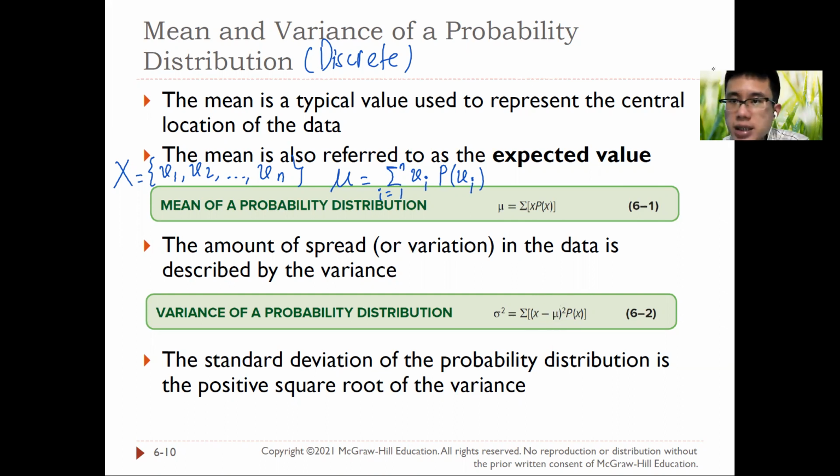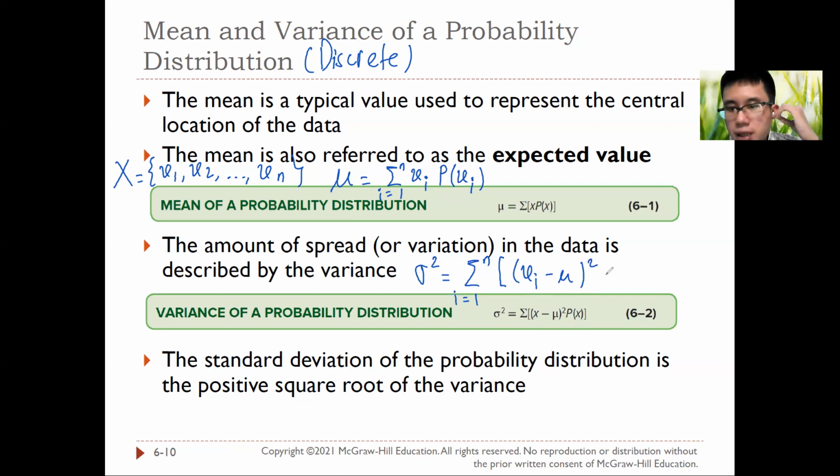If I rewrite again, it becomes sigma square equal to the sigma, of course from i equal 1 until n, of open bracket x subscript i minus mu, the mean.